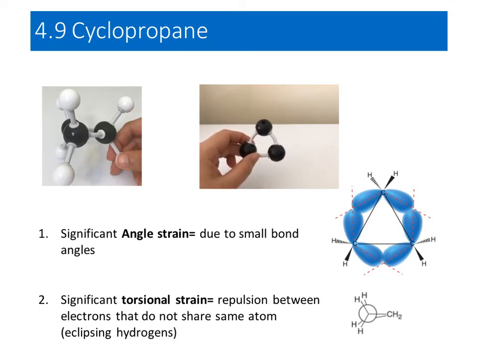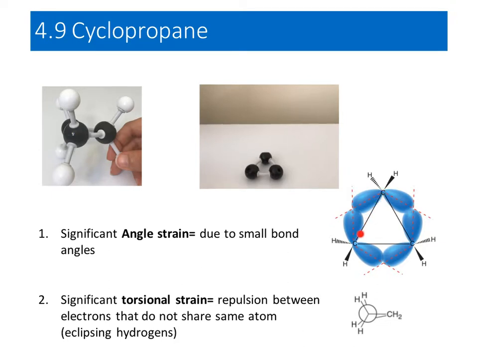Now there are 2 strains in cyclopropane that we need to consider. The first one is angle strain. If you look at this structure of cyclopropane, the hybridization on this carbon is sp3, and we know that the bond angle for sp3 hybridization is 109.5.